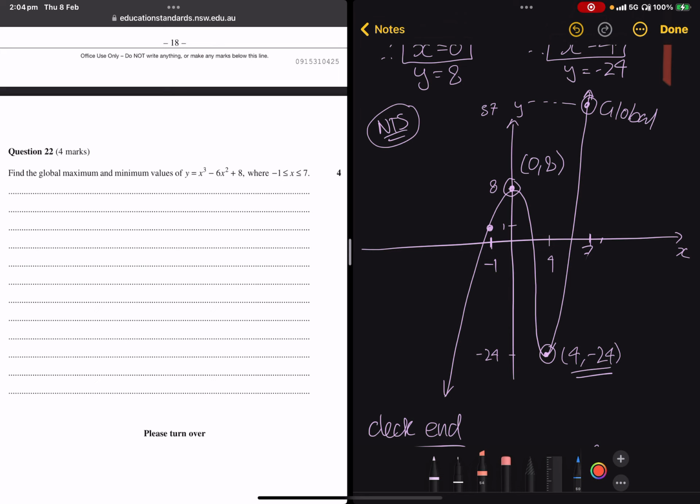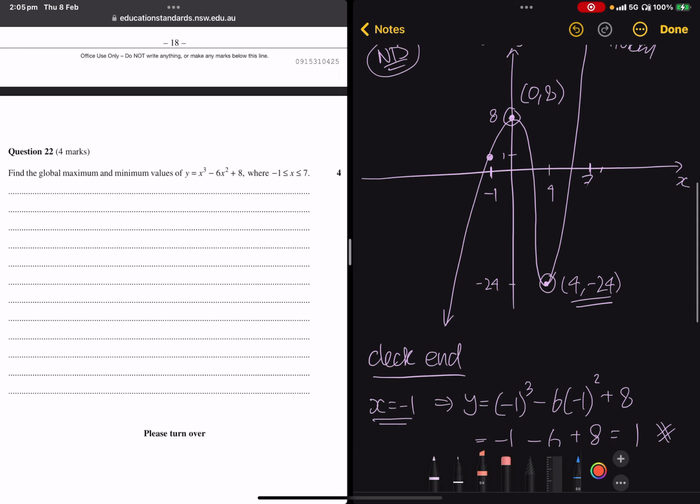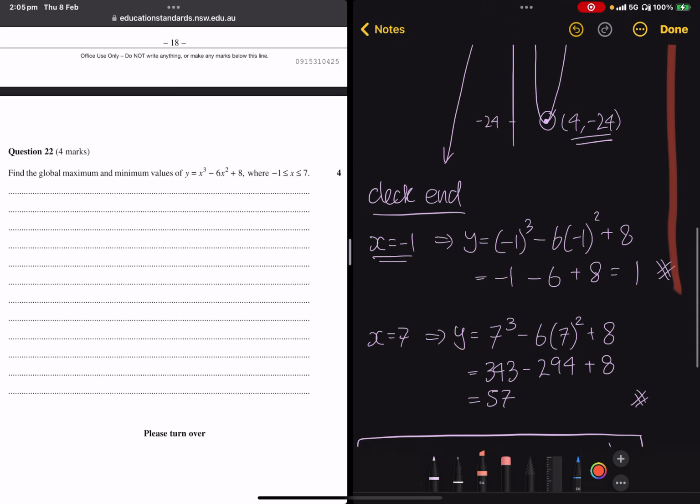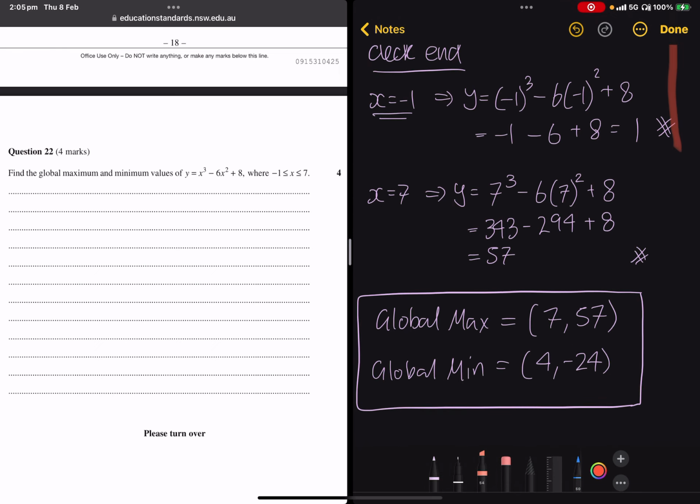So if you have the maximum and the minimum given by the derivative, as well as one endpoint or some other equivalent combination of working, this will give you the third mark. So say, for example, getting down to here, checking this first endpoint is the third mark, and then checking the other endpoint, getting the global minimum and global maximum, that will get you the fourth mark. So this is how we do this question.